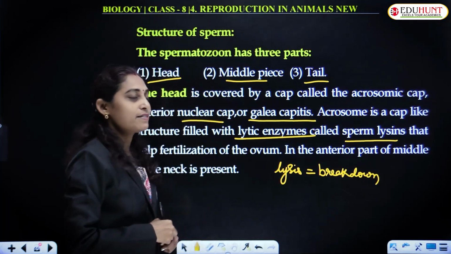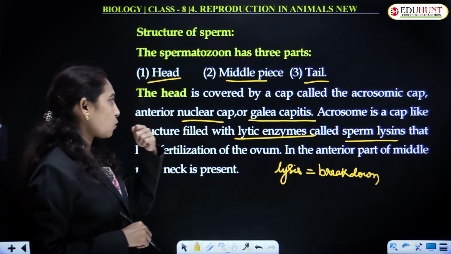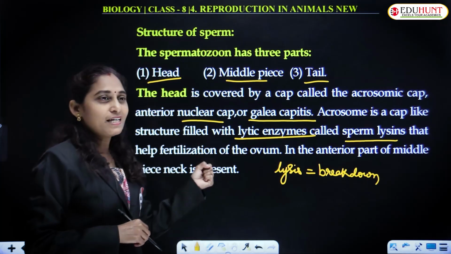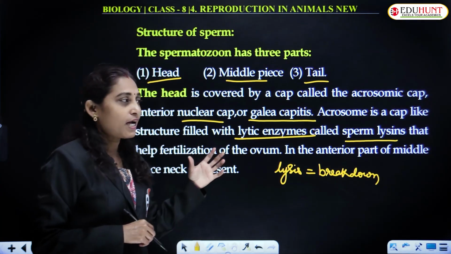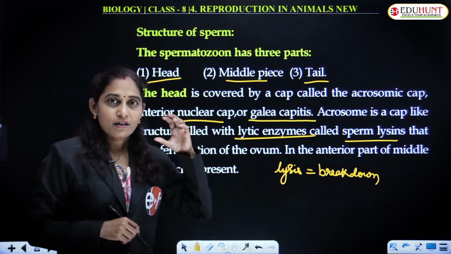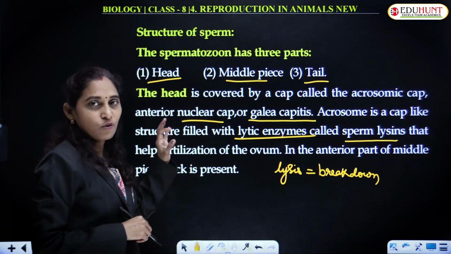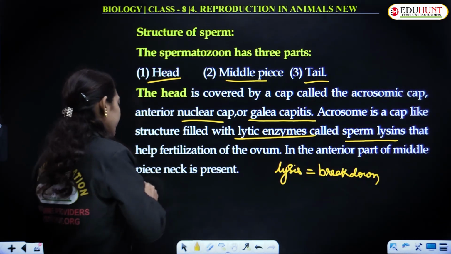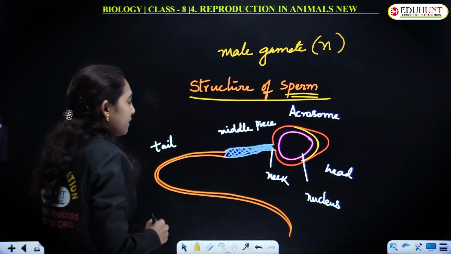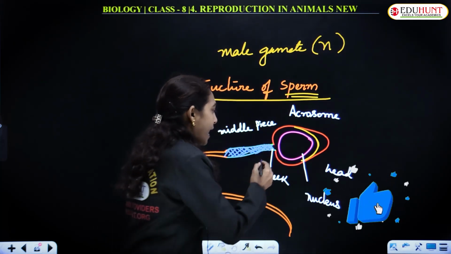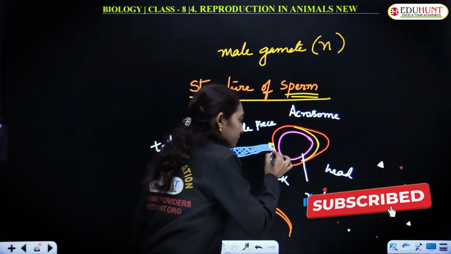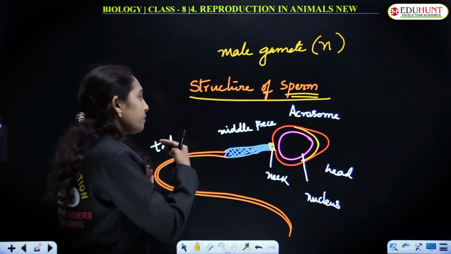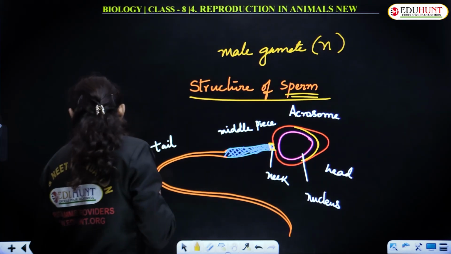These enzymes present in the acrosome facilitate the fusion of the male nucleus with the ovum nucleus. In the anterior part of the middle piece, there is a neck, the joint that connects the acrosome with the middle piece.